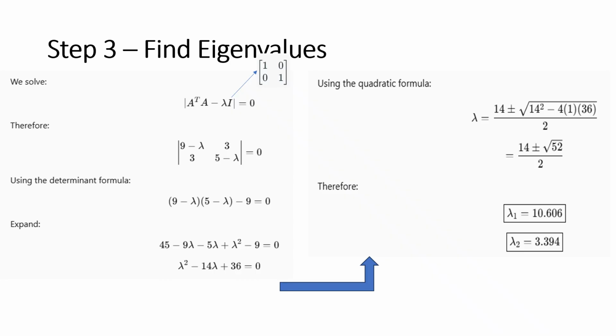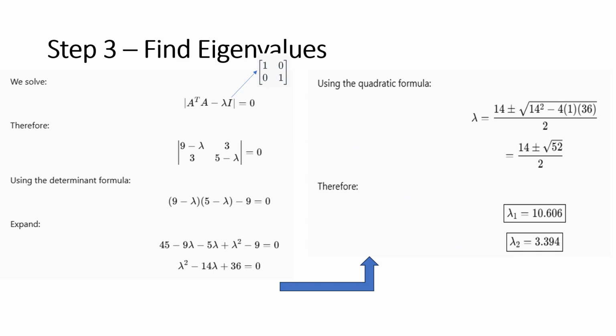Solving this characteristic equation, A transpose A is [9, 3; 3, 5], and minus lambda I yields [9 minus lambda, 3; 3, 5 minus lambda]. Find the determinant of that, and it is equal to 0.